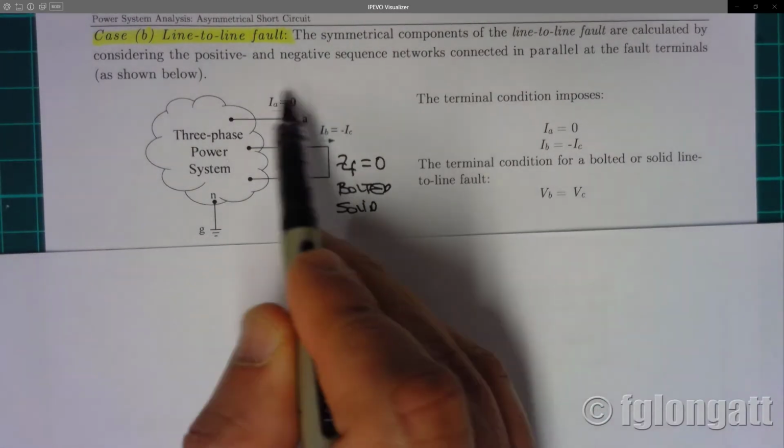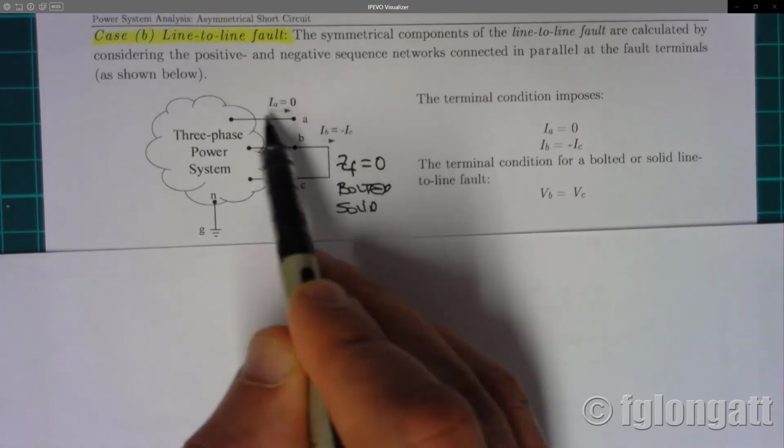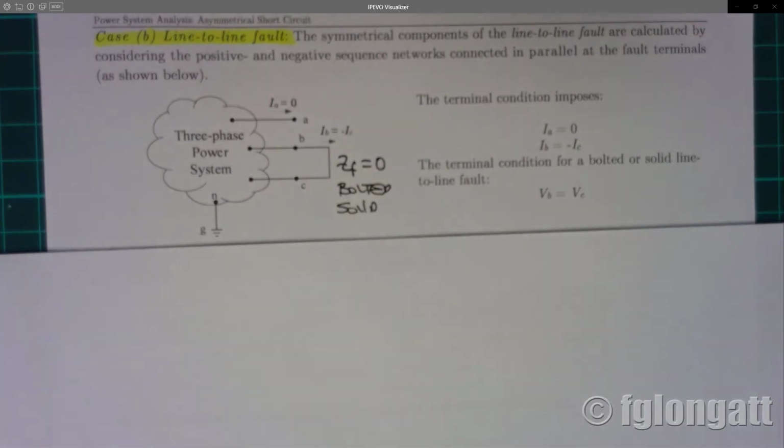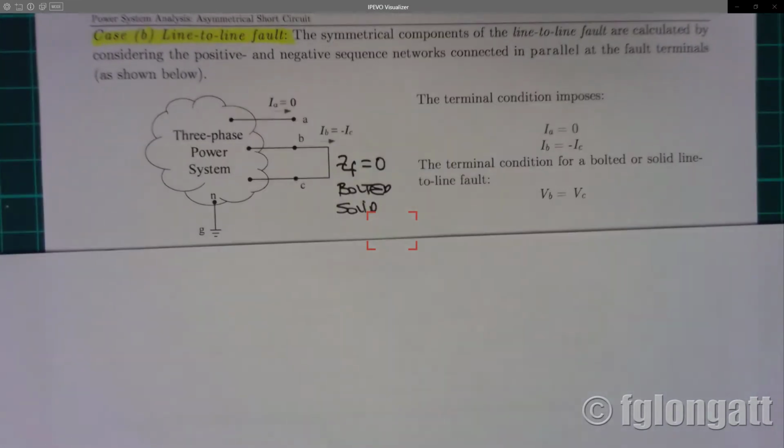The current in the line A is equal to 0, because if you remember, this system is under no-load conditions. There is no current before the fault, and the current A is equal to zero. Extremely simple.